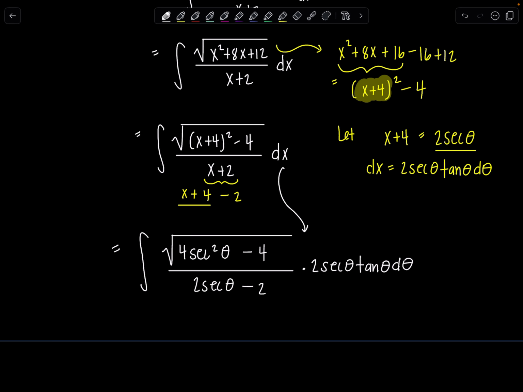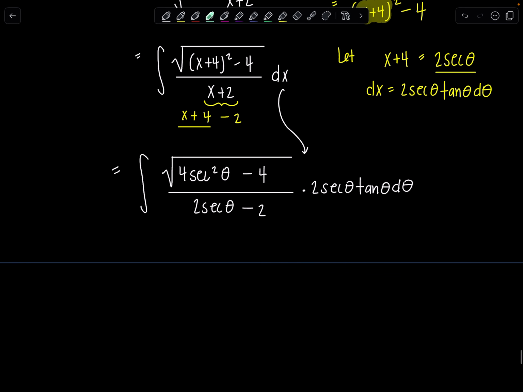Okay, so remember the whole point of doing the trig-sub is so that we can use our Pythagorean identities to rewrite this expression that's underneath the radical. So if we have 4 secant squared theta minus 4, I'm going to take out the 4. So it's 4 times secant squared theta minus 1, which is 4 tangent squared theta. And don't forget, that's all sitting underneath this radical sign.